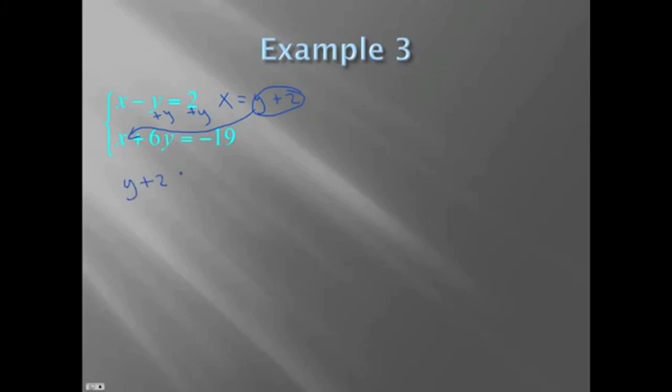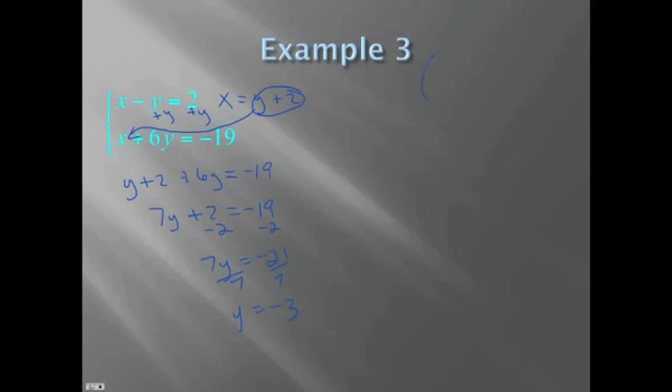There's no distributing that needs to go on. Plus 6y equals negative 19. Okay, so that's 7y plus 2 equals negative 19. Subtract the 2, and I get 7y equals negative 21. Divide by 7, and y equals negative 3.